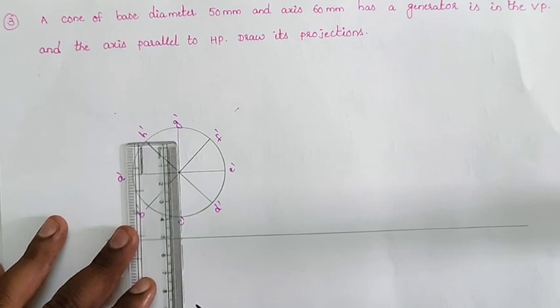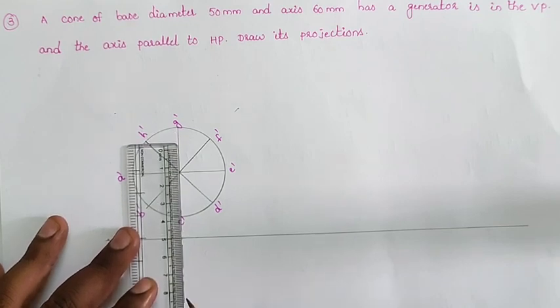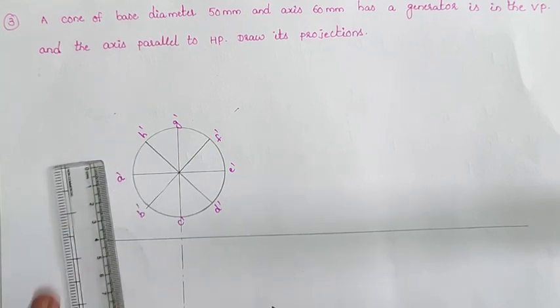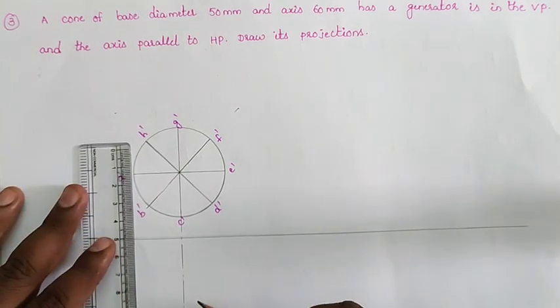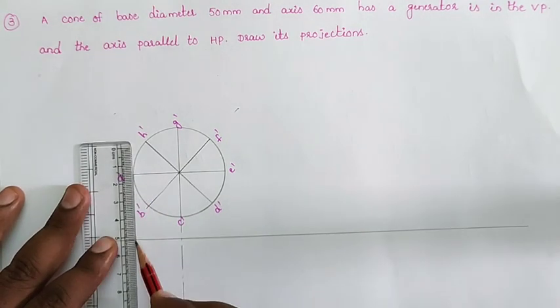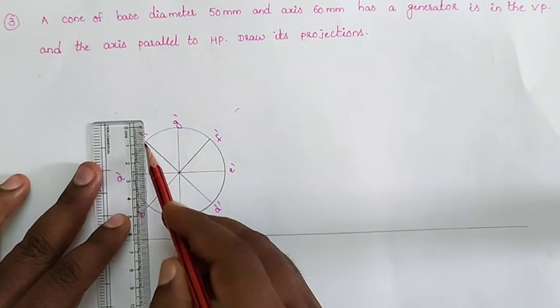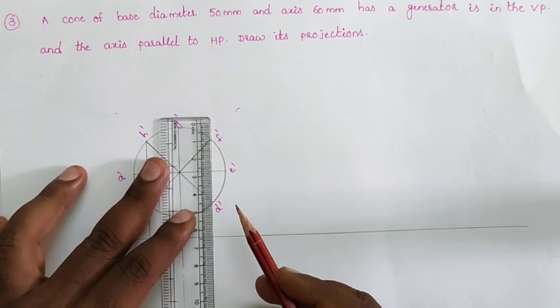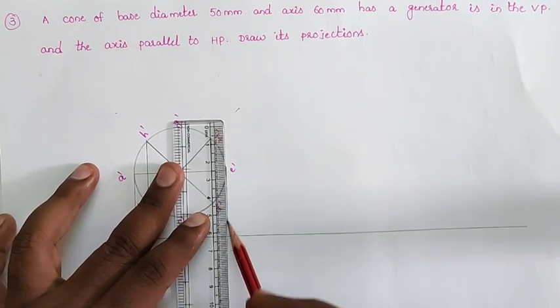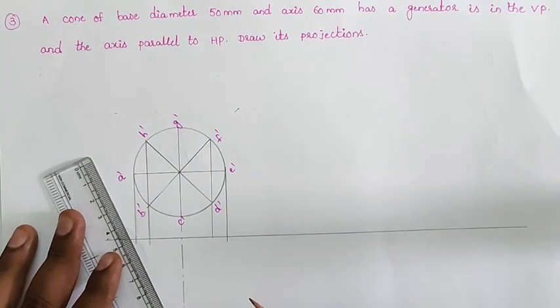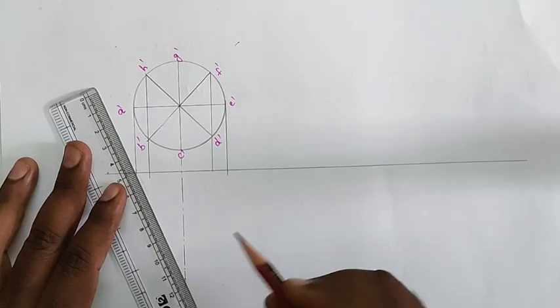The axis from the reference line should be 60 mm, so you can follow that dimension. So we'll get the triangle face as the top view of our diagram.